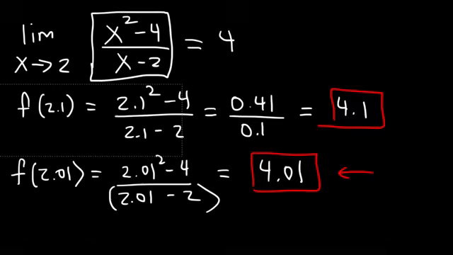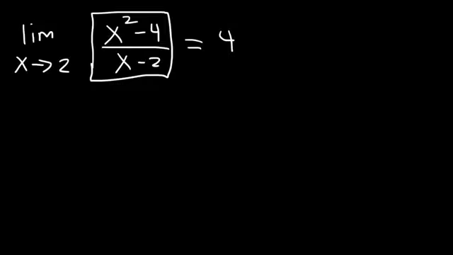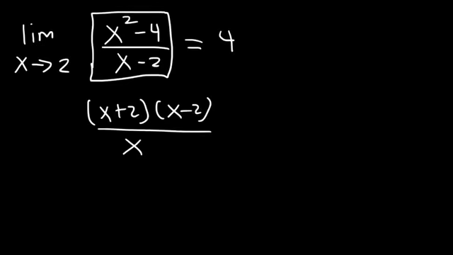Now sometimes you have to use other techniques to get the answer. In this particular example, we could factor. x squared minus 4 you can write as x plus 2 times x minus 2. Now we need to rewrite the limit expression until we replace x with 2. Notice that we can cancel x minus 2.